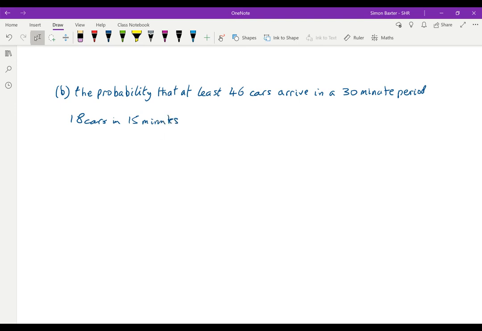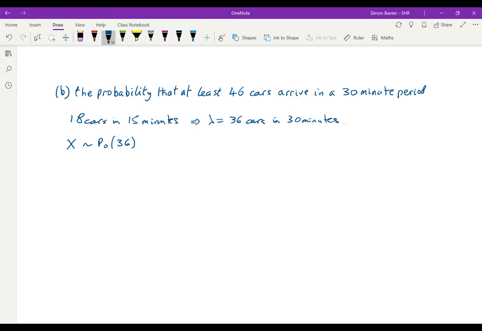So in this situation, we now have lambda is equal to 2 times 18, which is 36 cars in 30 minutes. So we're now dealing with X, a random variable with a Poisson distribution of mean 36.